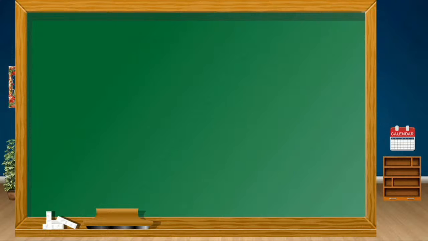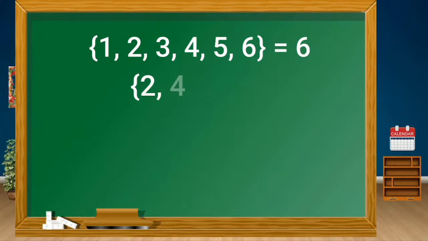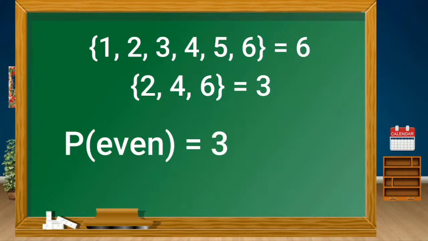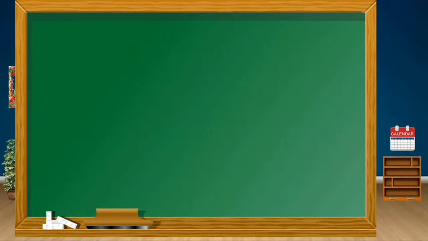So from our experiment, the number of all possible outcomes is 6, and the number of ways that the event can occur is 3. The probability of even numbers is equal to 3 over 6 or 1/2.